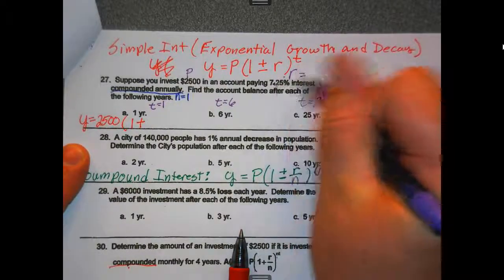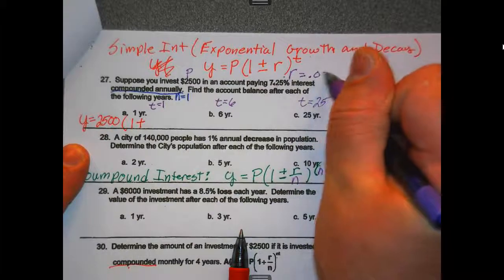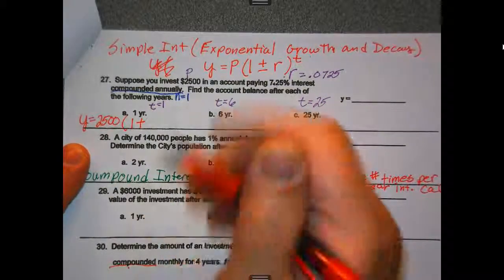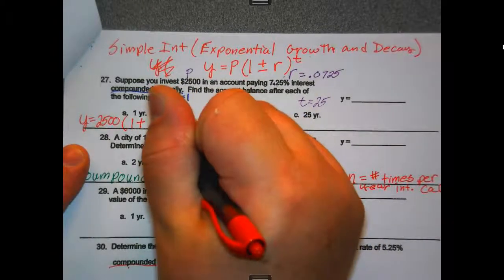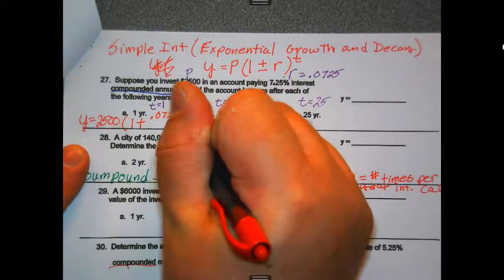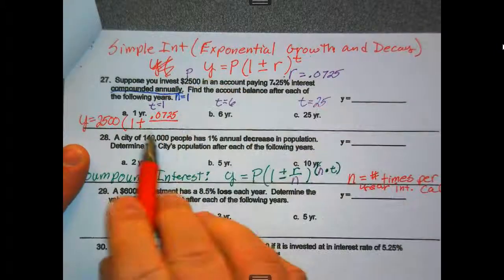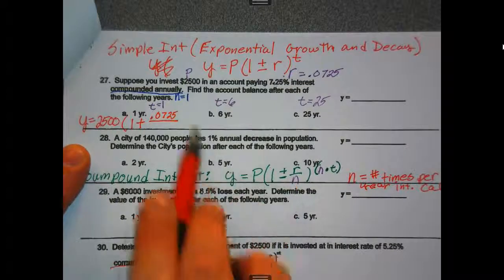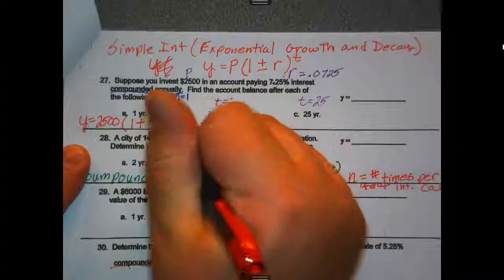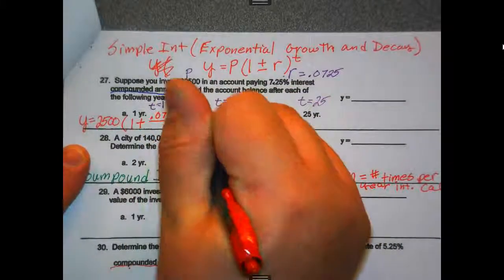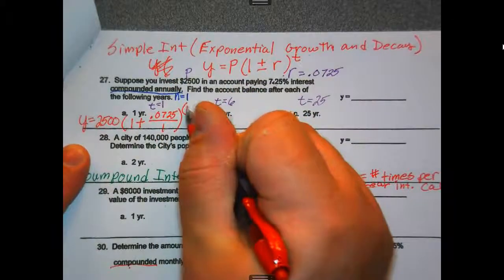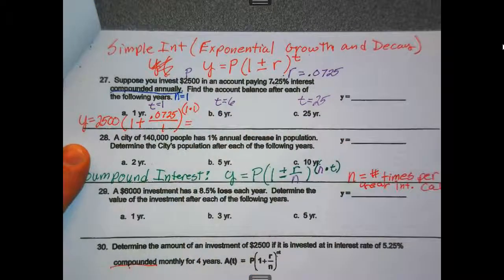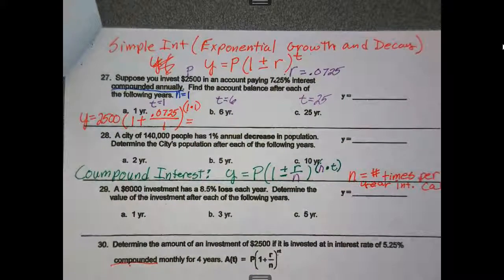So my rate is going to be 0.0725. 0.0725 divided by my n. My n is 1, raised to the n, which is 1, times t, which is 1. We just plug all of that into a calculator.